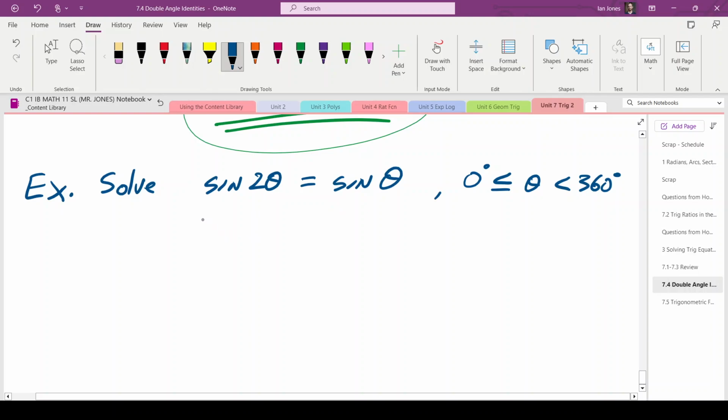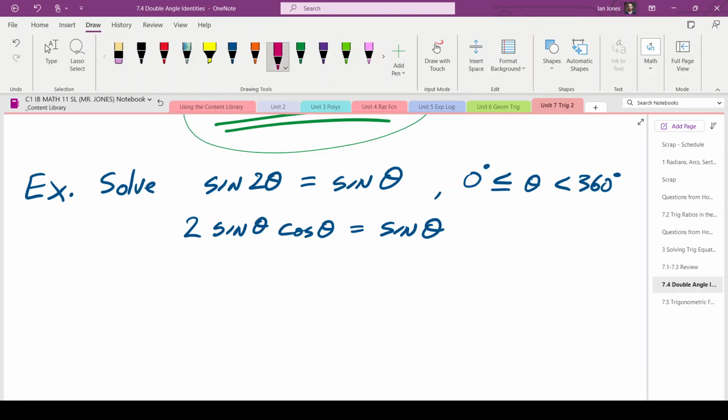I rewrite sine 2 theta as 2 times sine theta times cosine theta equals sine theta. Now here, you do not divide both sides by sine theta to get 2 cos theta equals 1.